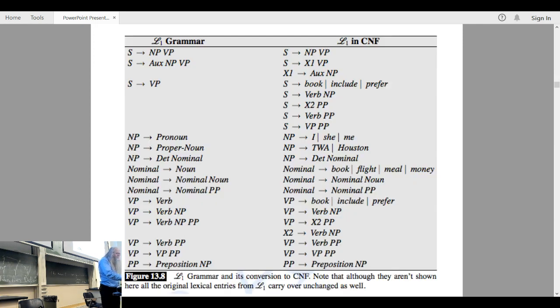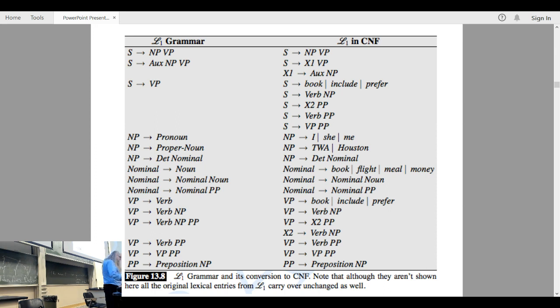Okay. We can rewrite the grammar that we had before into Chomsky normal form. Okay, and it's pretty easy to write rules to do that. It's not a hard thing to do. Okay, and this makes it easier for some of the parsing systems that we actually deal with.